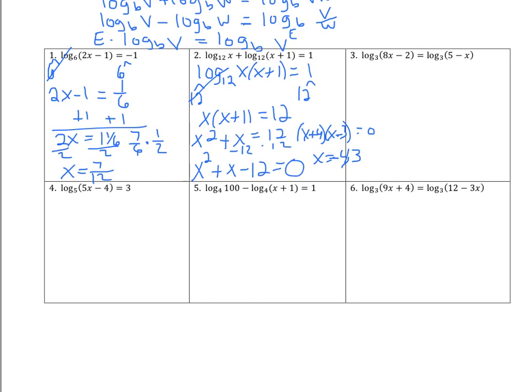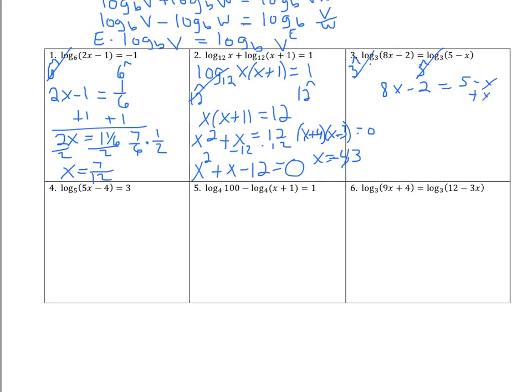In number 3, we have log base 3 of 8x minus 2 and log base 3 of 5 minus x. Both sides have log base 3, and there's no extra addition or subtraction, so we can actually just exponentiate. If this side is 3 to the log base 3 and this side is 3 to the log base 3, they're both the same base, so they cancel out on both sides, and I get 8x minus 2 equals 5 minus x.